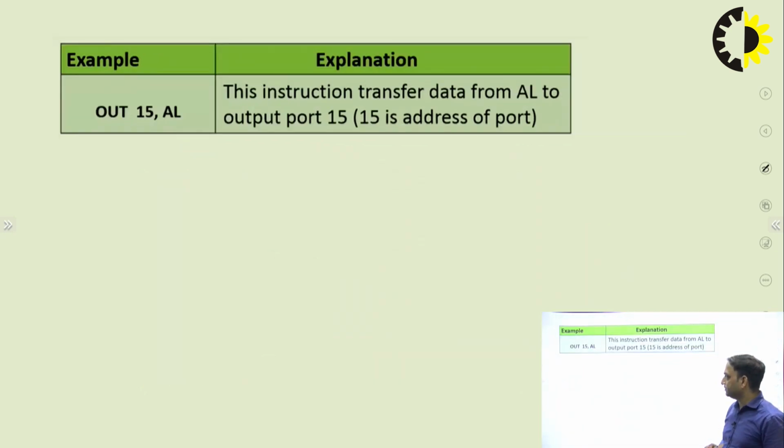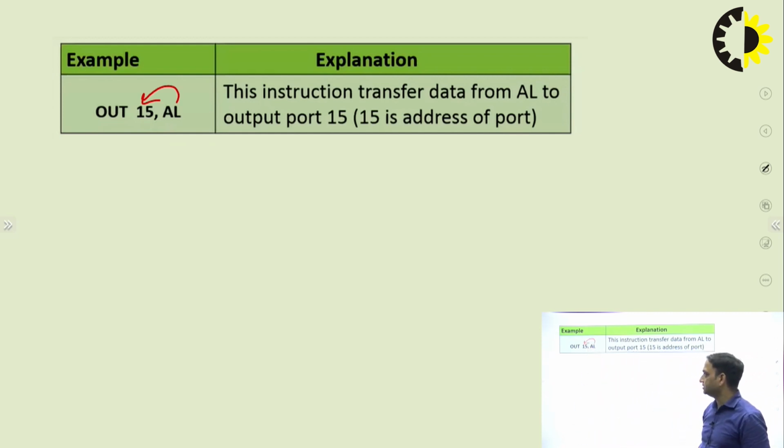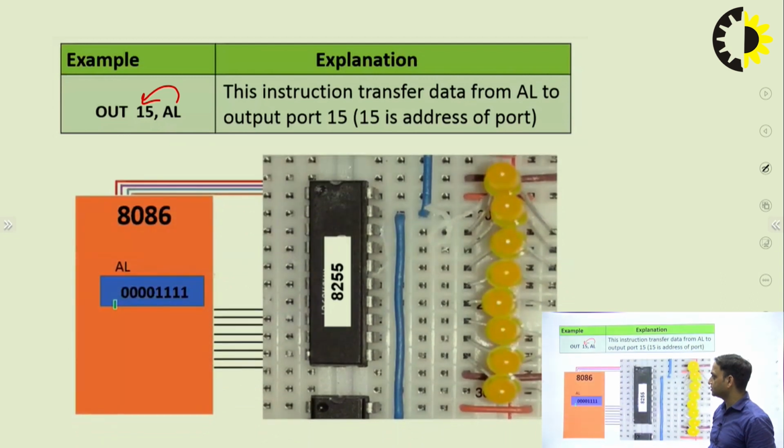Similar to that, we have the OUT instruction. What does this OUT instruction say? OUT 15, AL. So the content of AL will move into port number 15. AL is the register which is in the 8086 microprocessor. So the content of this AL register will move to port number 15. So this AL will appear on these LEDs.